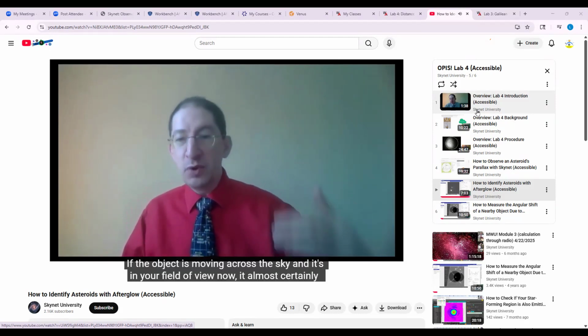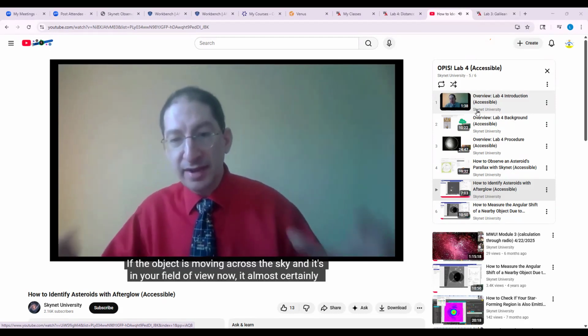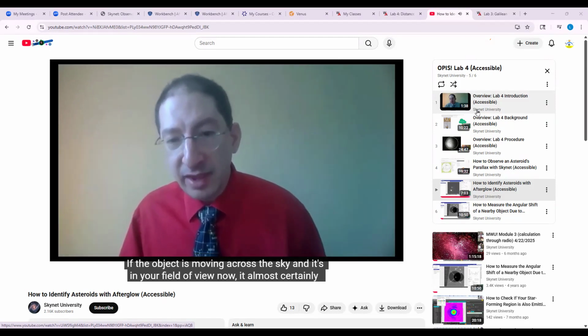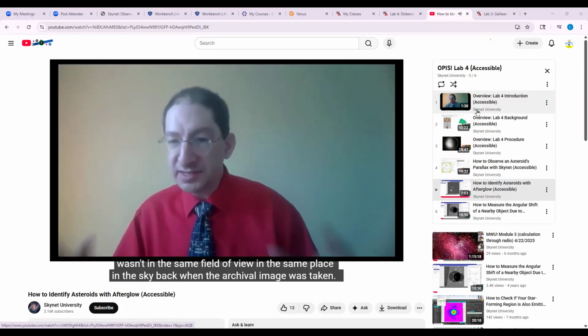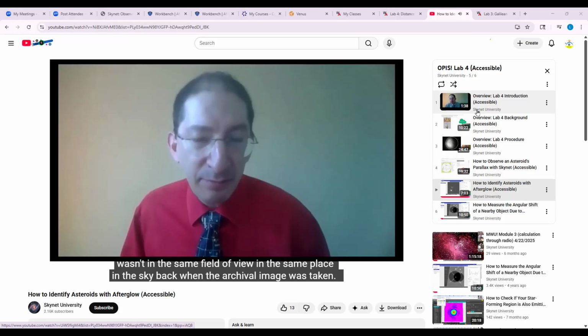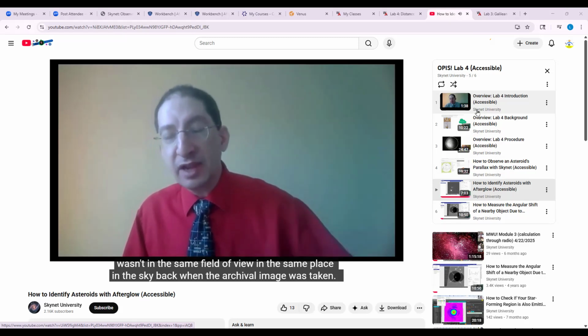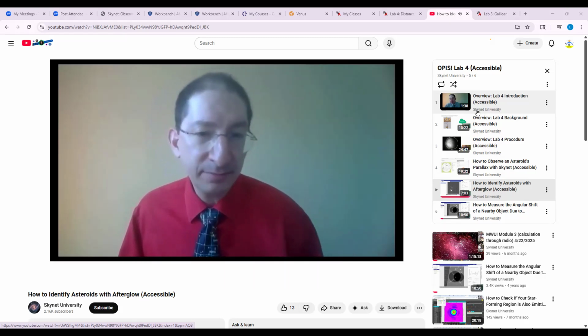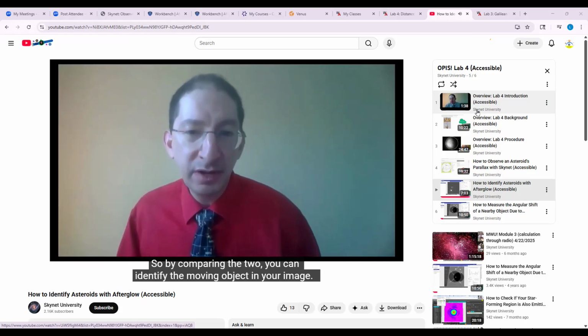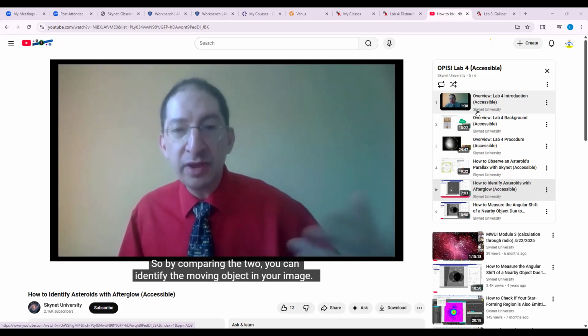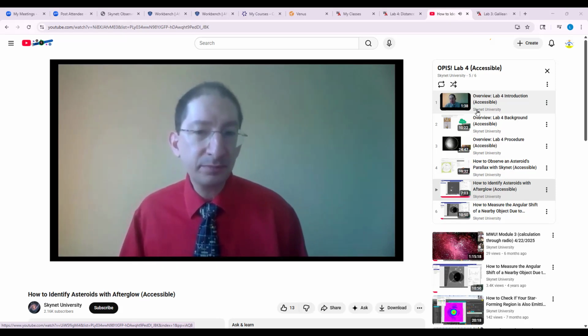If the object is moving across the sky and it's in your field of view now, it almost certainly wasn't in the same place in the sky back when the archival image was taken. So by comparing the two, you can identify the moving object in your image.